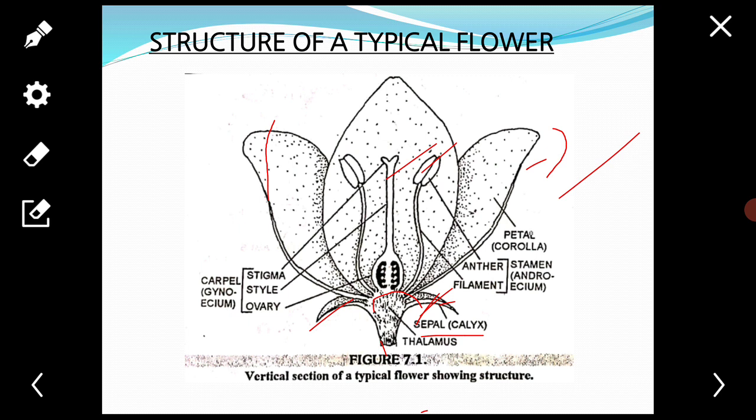Petals are generally brightly colored and sometimes fragrant, which make the flower attractive. Petals usually attract the insect pollinators and help in the pollination.